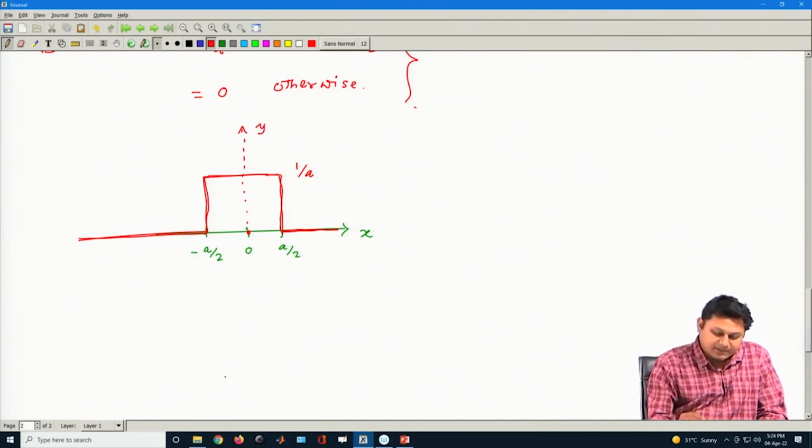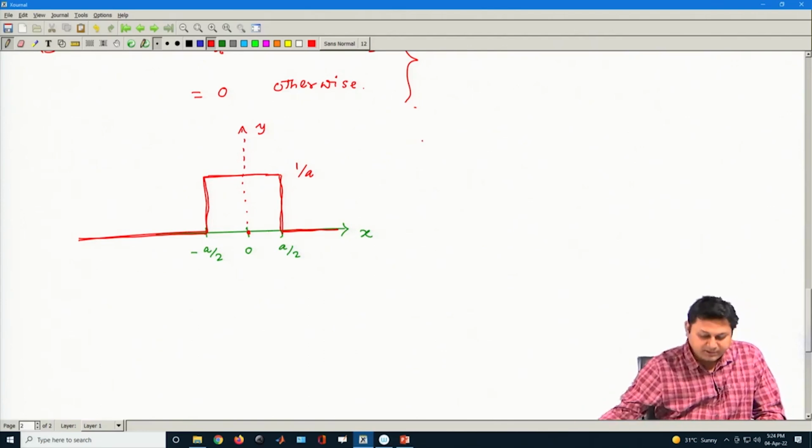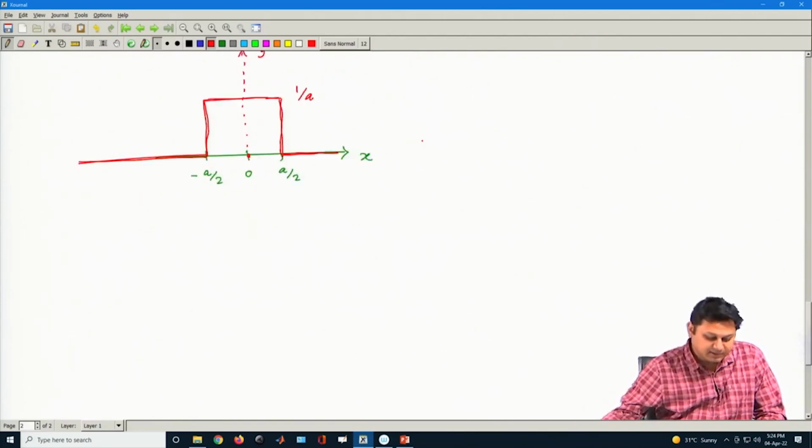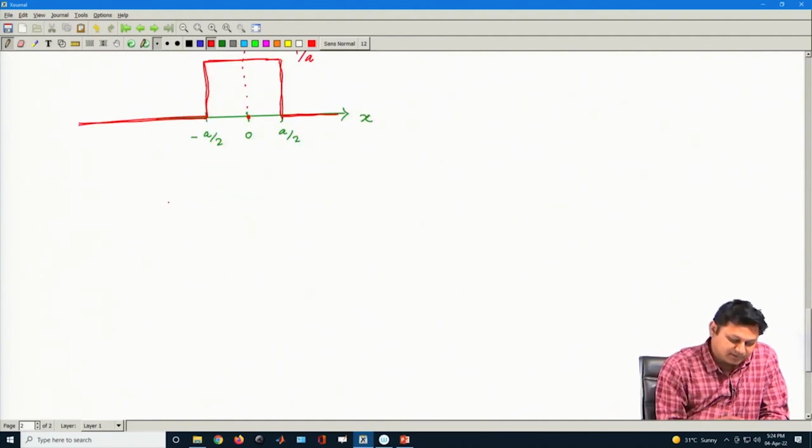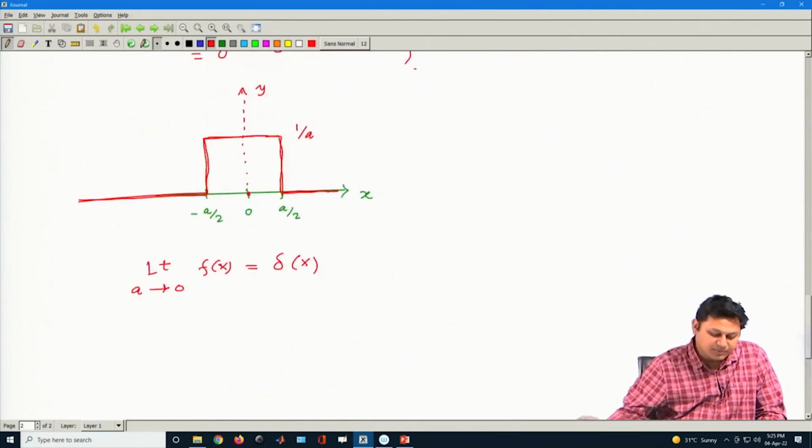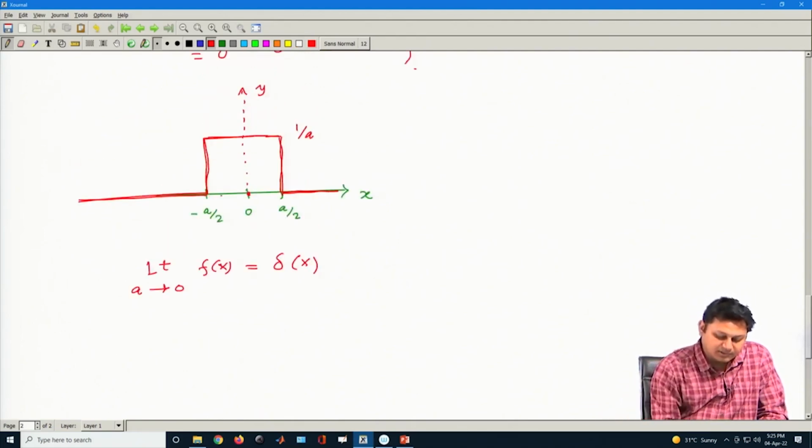Now, one can understand this limit. How is the delta function defined for this case? If I take the limit a tends to 0 for this function f(x), that eventually gives me the delta function. a tends to 0 means I will reduce this length, and if you reduce this length, this height will gradually increase.